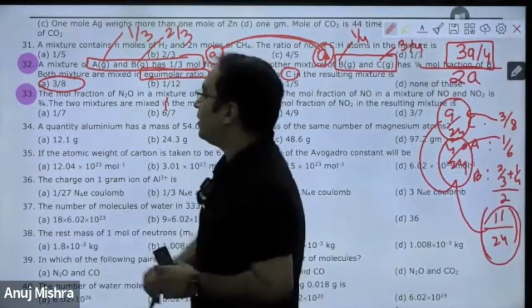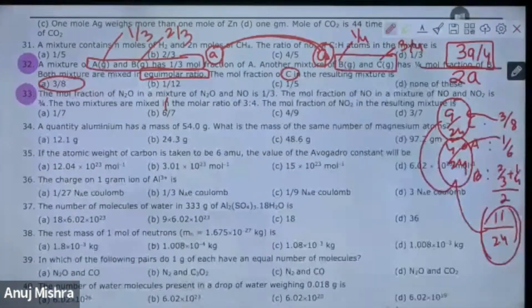Can we try this question? Question number 33, please. The mole fraction of N2O in mixture of NO and N2O is 1/3. Last question is clear?